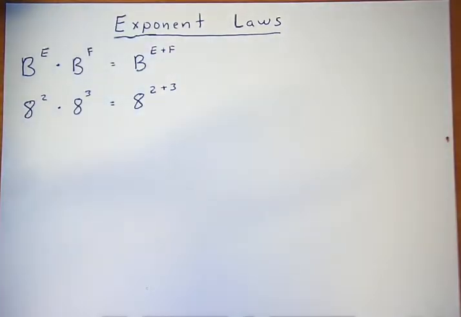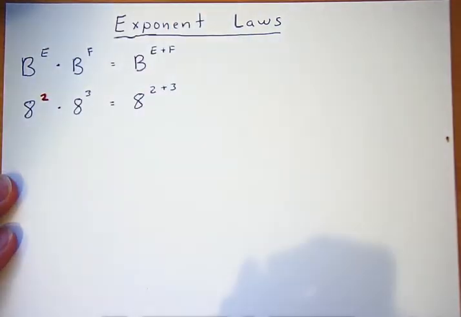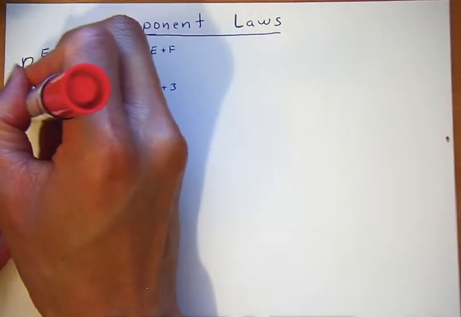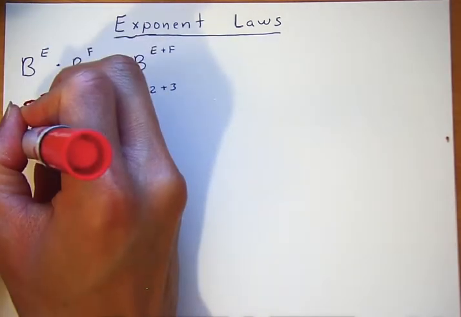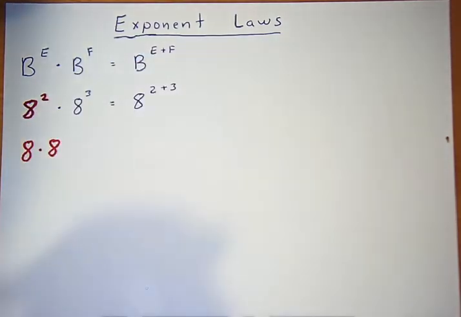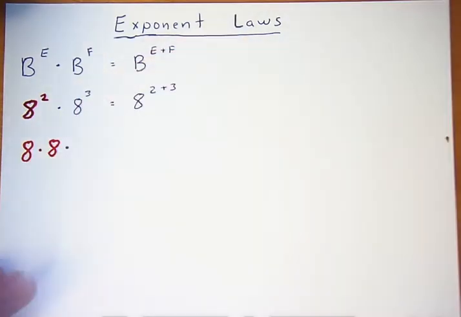this 2 says that it is 8 times 8. This multiply symbol matches that multiply symbol.